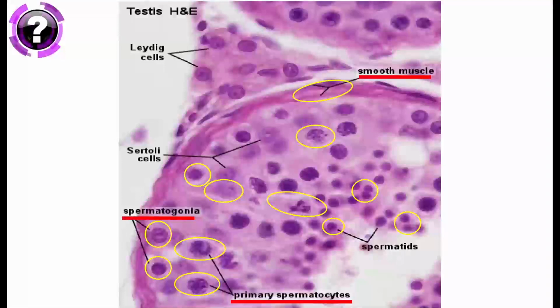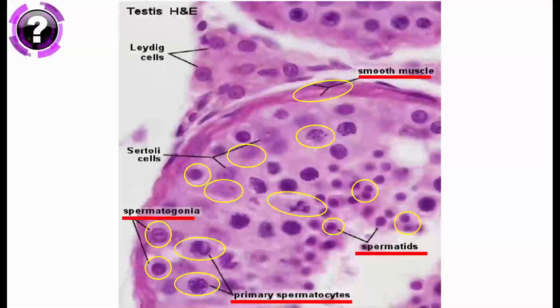The spermatogenesis cells get attached to this cell, and they feed, and they are nursed by these cells. These are called Sertoli cells.